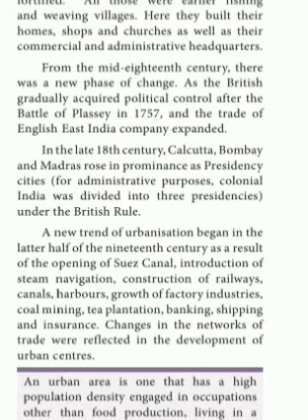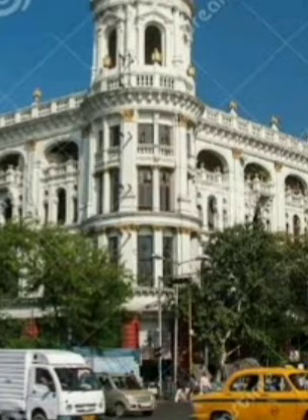After the Battle of Plassey in 1759, the trade of the English East India Company expanded. In the late 18th century, Calcutta, Bombay and Madras rose in predominance as presidency cities. For administrative purposes, colonial India was divided into three presidencies under British rule.